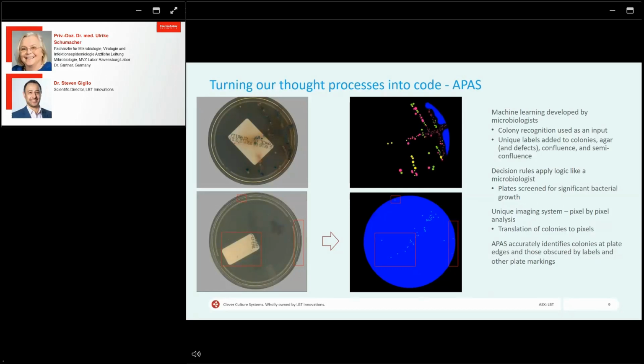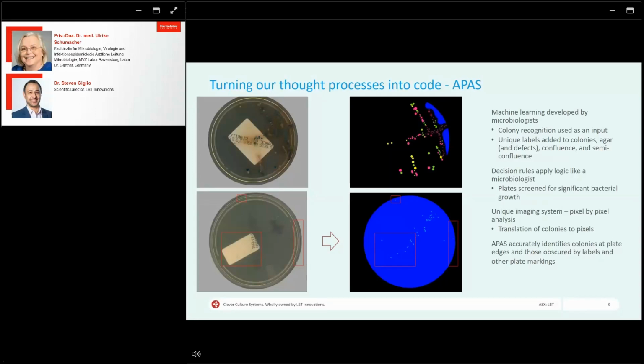So just a bit of behind the scenes of what we do here at CCS. We have a group of microbiologists that work with engineers and software people, and essentially we're trying to turn our thought processes into code. When I say our thought process, us as microbiologists, and that's certainly my experience as a microbiologist with 30 years experience and managing labs, it's all about, well, how do I think and how does everyone else think, and how can we be assistive with that? If you look at the image on the top left-hand side, we've just got a urine chromogenic plate.